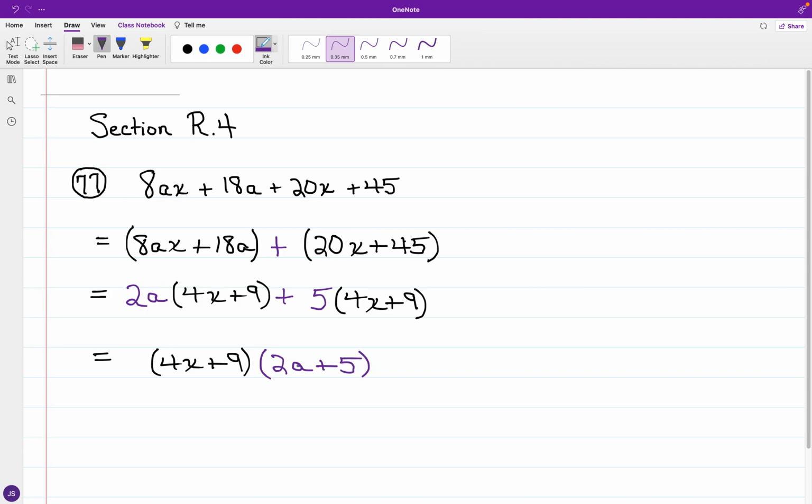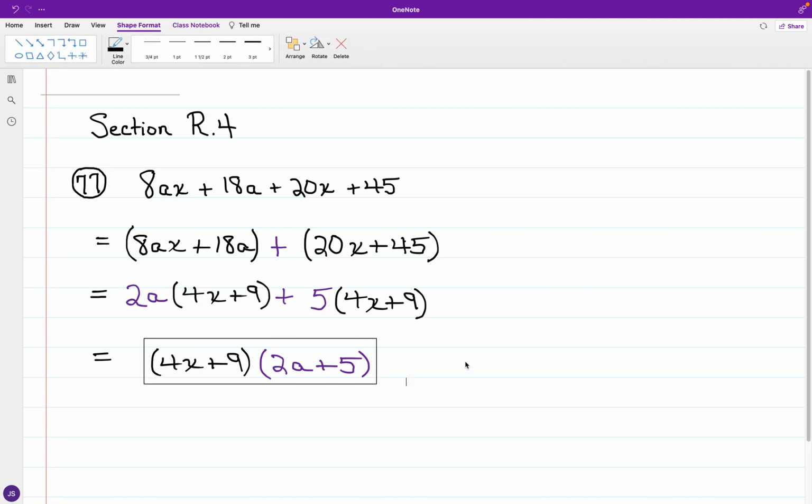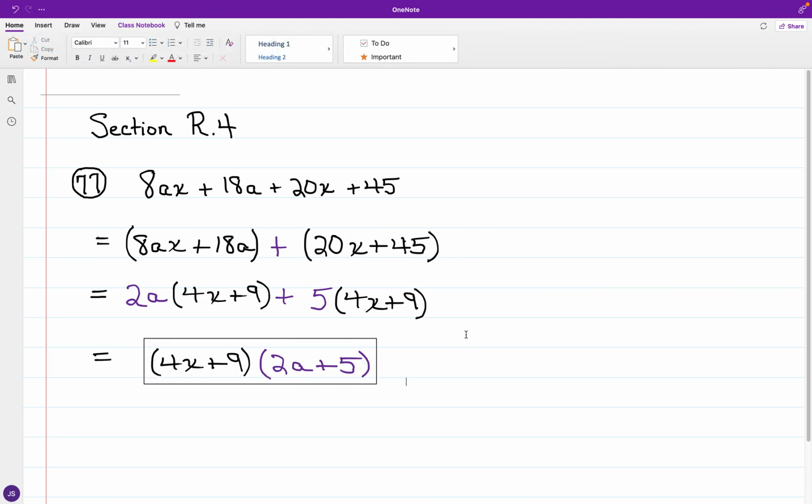And you can always go back and check: 4x times 2a will be 8ax. 4x times 5 would be 20x. And 9 times 2a is 18a. And 9 times 5 is going to be 45. So this will be the set of factors we have for this particular four-term expression.